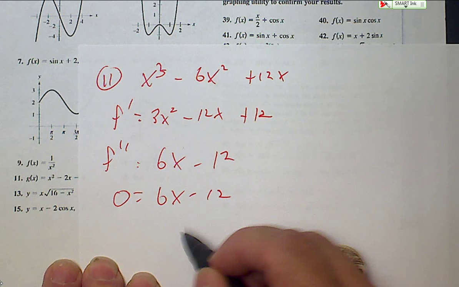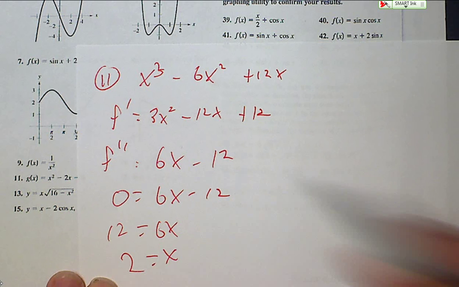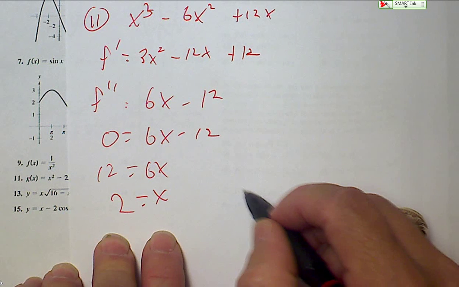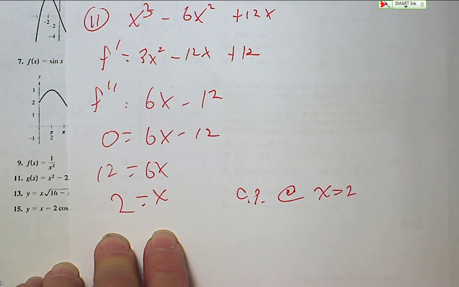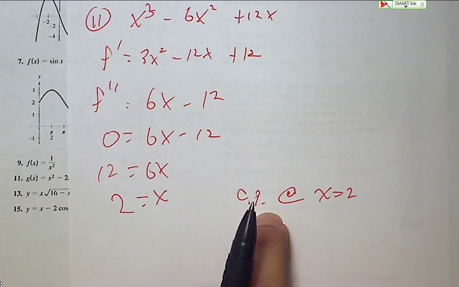We get 6x equals 12, so x equals 2. We have a critical point at x equal to 2. There's no guarantee because it's a critical point that we definitely have a point of inflection or anything else. You have to test them. But that's our candidate for it.